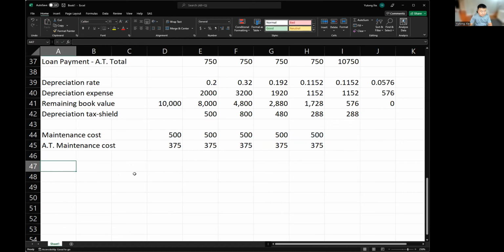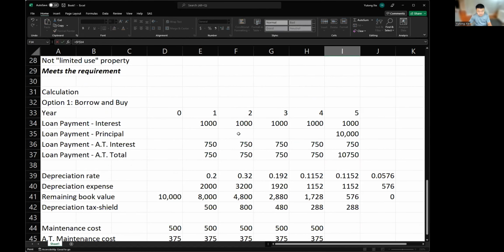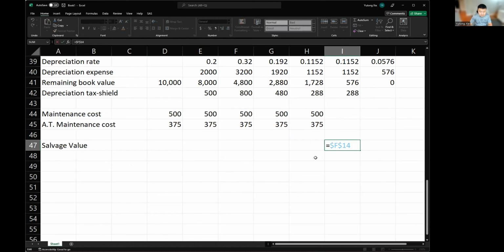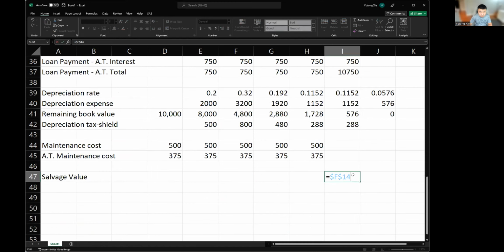And lastly, the salvage value. The salvage value is going to be at the end of the period. So $2 million. So it equals F14. I'm just referring to the input cell.